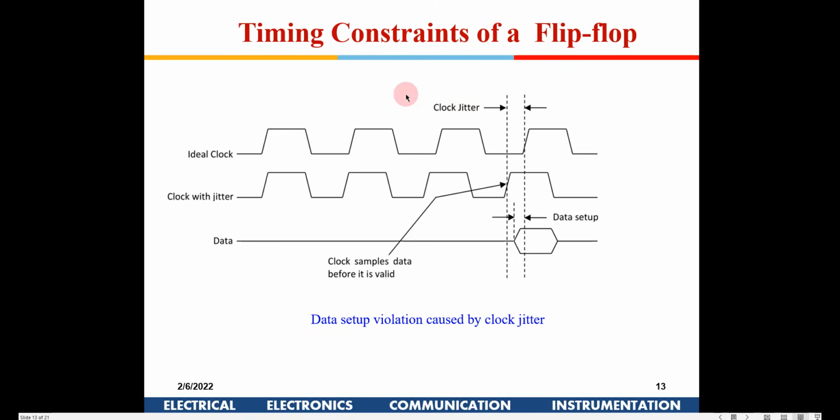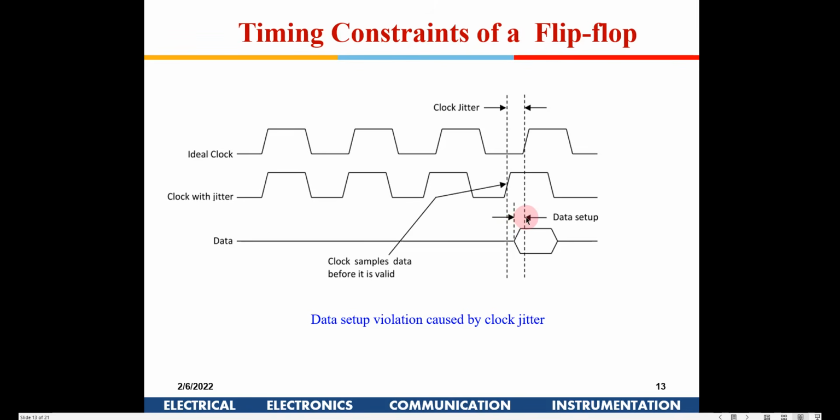Now let's see what violations happen because of clock jitter. This is an ideal clock coming out here. In this case, the data is changing here, so there is adequate setup time available.